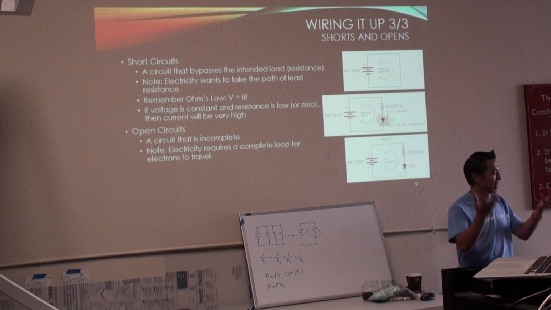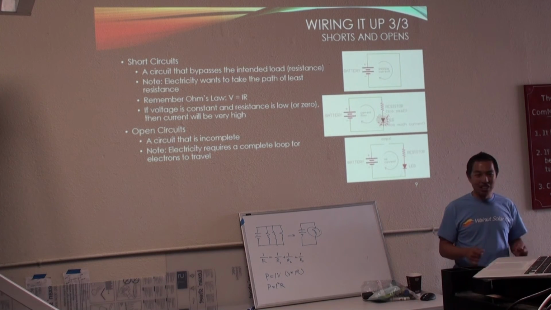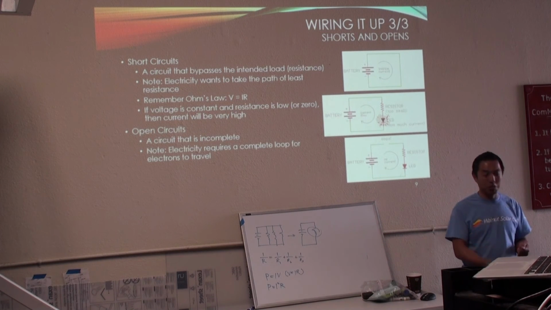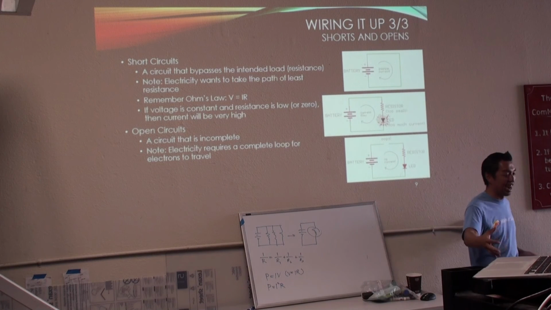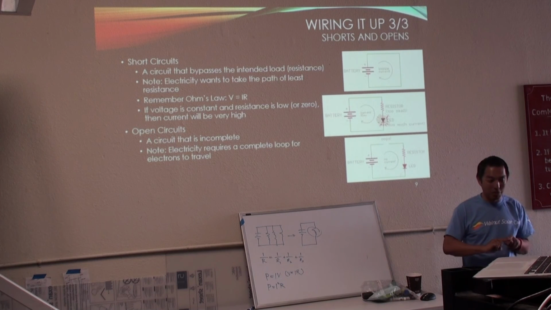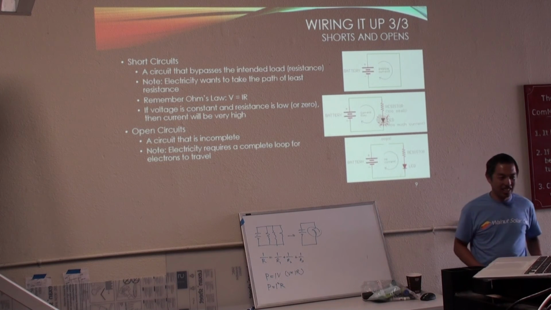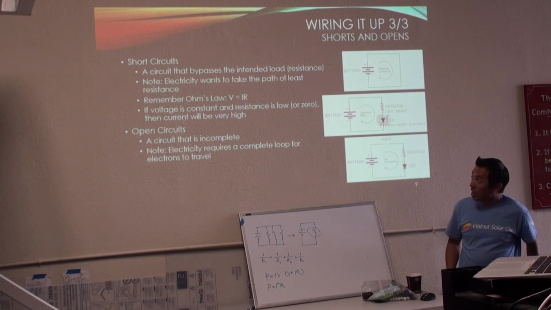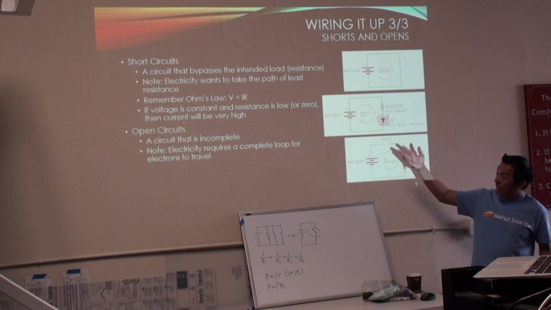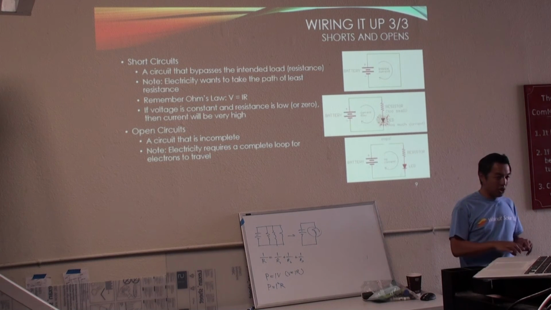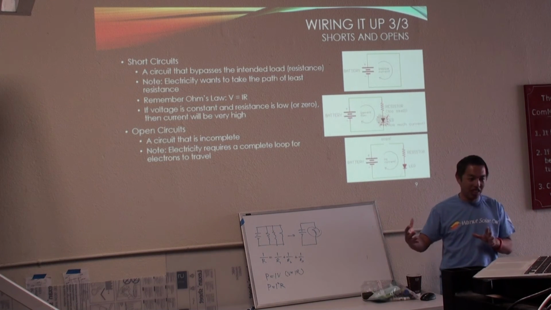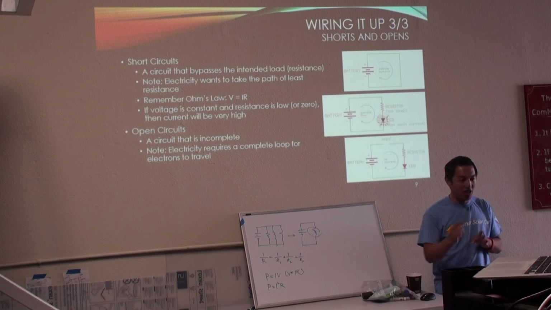It goes infinitely high, which is why you get these arcs and sparks and stuff, because it's really high current to the point in which it actually goes across. So that's a short circuit. You're bypassing the load, and so you're going to get current flow.